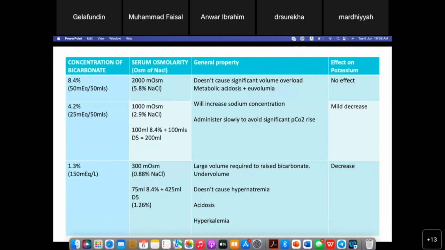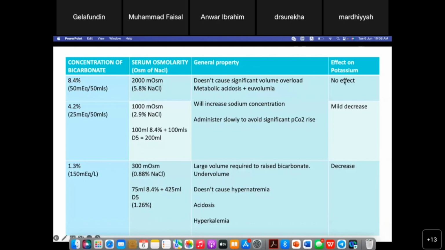But at the same time, because of the alkalinization, you will raise the pH. When the pH rises, there is the potassium and hydrogen gradient. So potassium will go in, hydrogen will go out. So in a way it will improve hyperkalemia. So because of the hypertonicity of 8.4, the two effects cancel each other out.